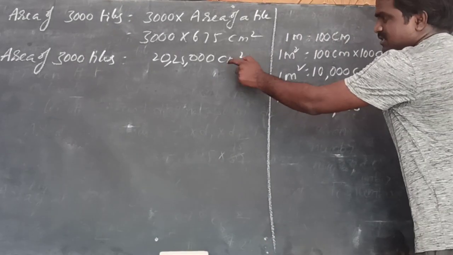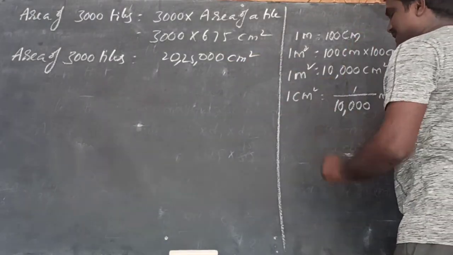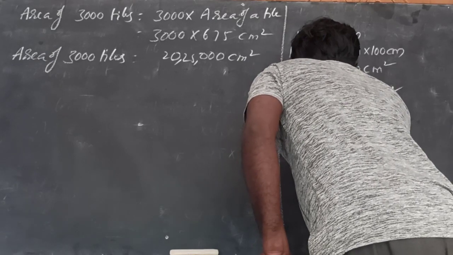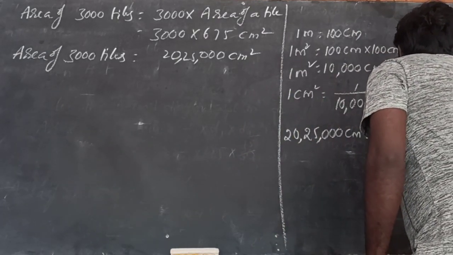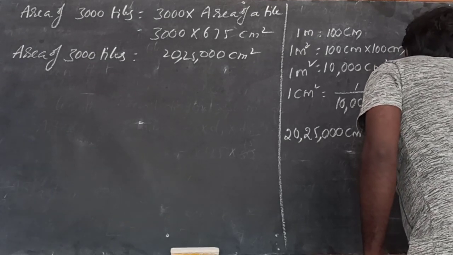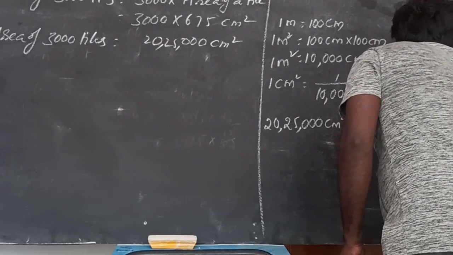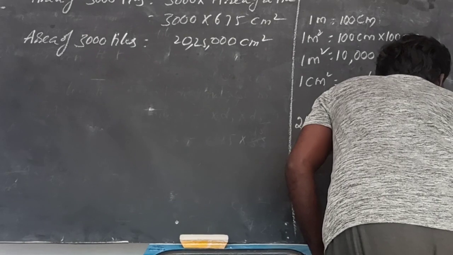Here we have 20,25,000 centimeter square, which is 20,25,000 by 10,000 meter square. Zeros cancel, giving 2,025 by 10 meter square.